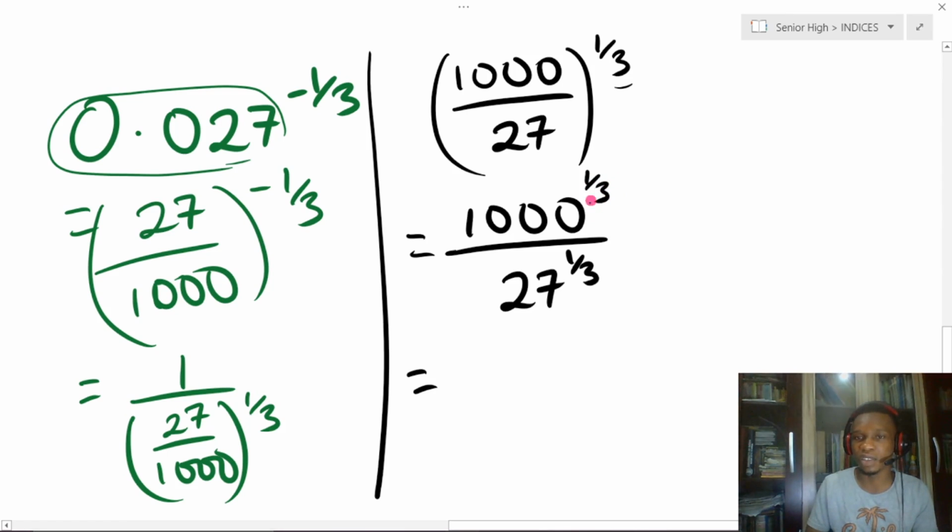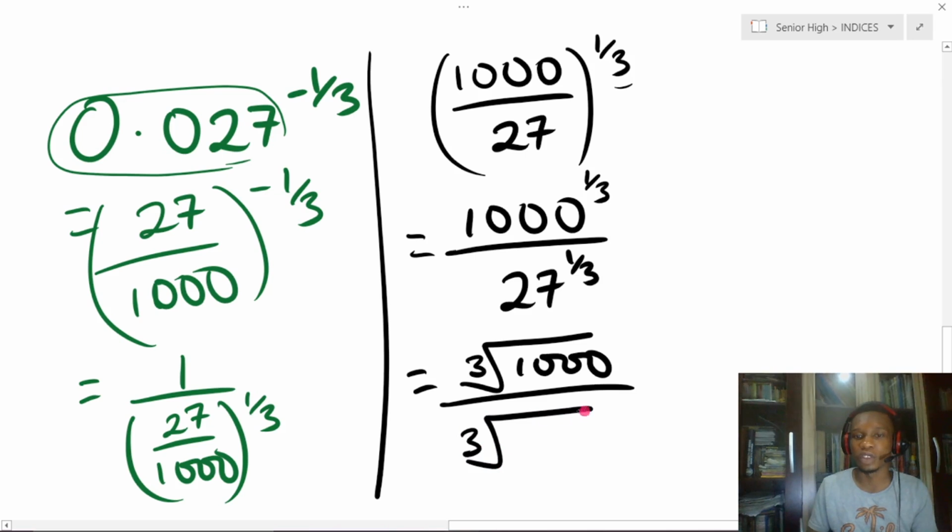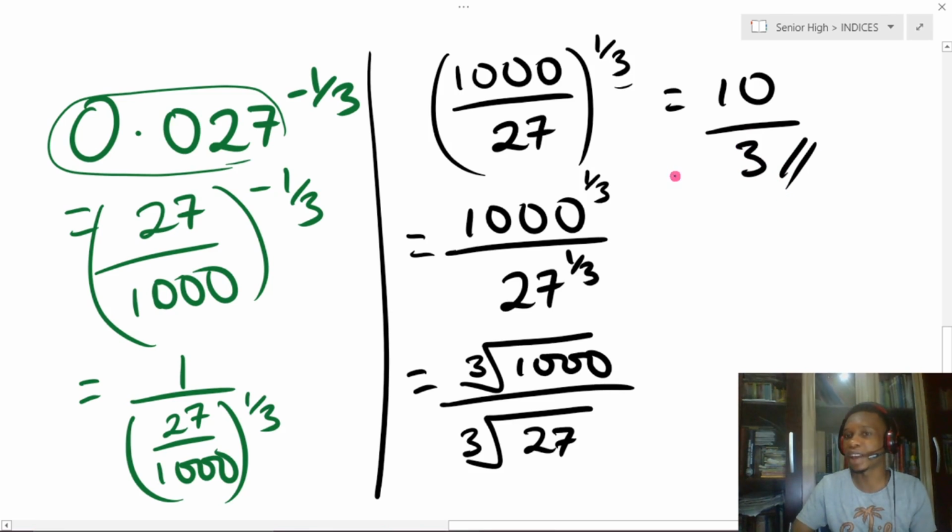According to the fractional index law, this becomes the cube root of 1000 over the cube root of 27. The cube root of 1000 is 10, because 10 times 10 times 10 gives us 1000, over the cube root of 27, which is 3. That's the final answer, 10 over 3. Work done. Now I could have solved this another way.